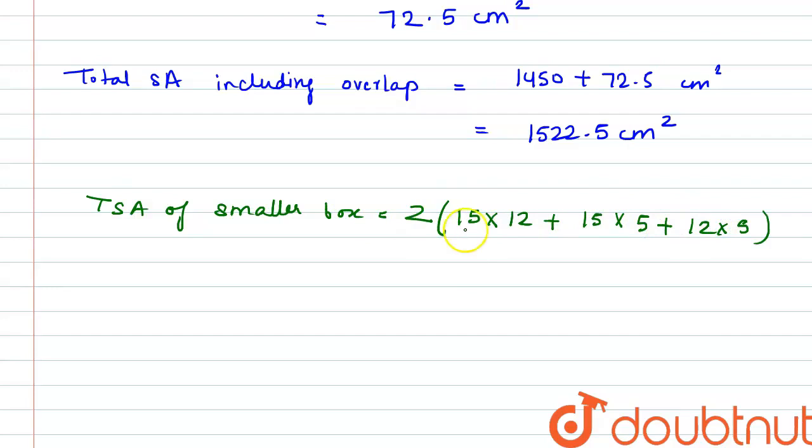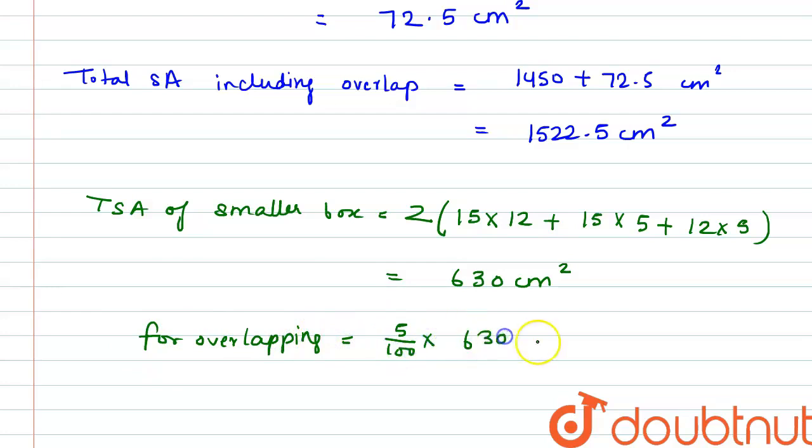On calculating, the area comes out to be 630 centimeter square. For overlapping, as that is 5%, it comes out to be 5 by 100 multiplied by 630, that comes out to be 31.5 centimeter square.